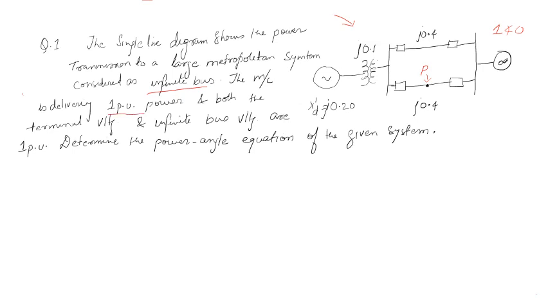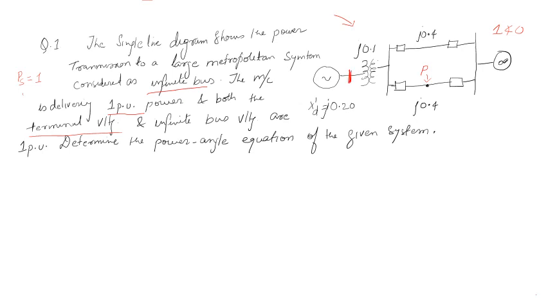So this 1 per unit means the machine is delivering mechanical power, Ps, of 1 per unit. Now the next term is the terminal voltage. If you see the terminal voltage, that means the voltage at the terminal ends of the generator.